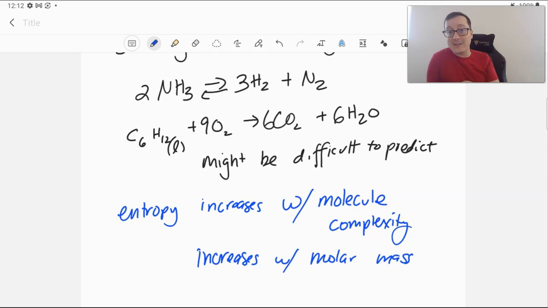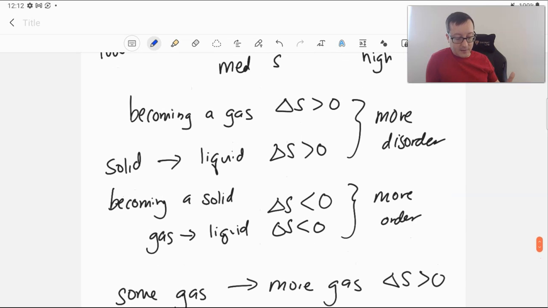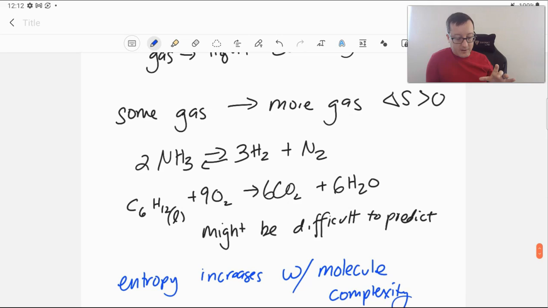Even if there are more gases, it may be difficult for us to predict qualitatively. So with things that are obvious, like phase changes, something boiling becoming a gas, absolutely delta S is positive. No second thoughts required. When we are dealing with maybe the same moles of gas on one side as the other, it may be tough.